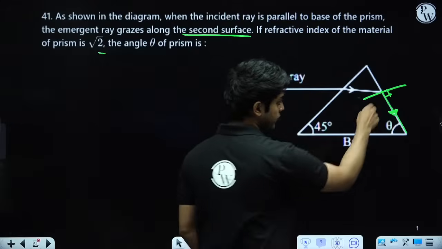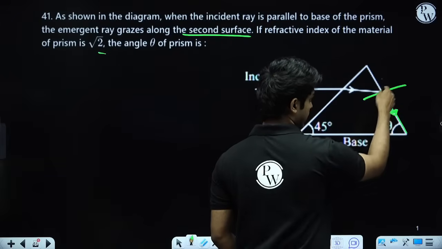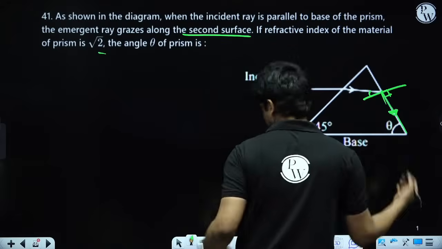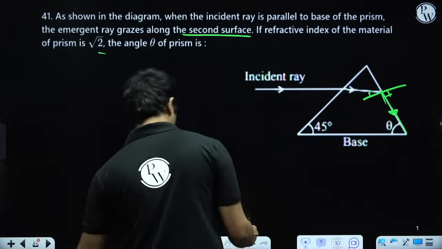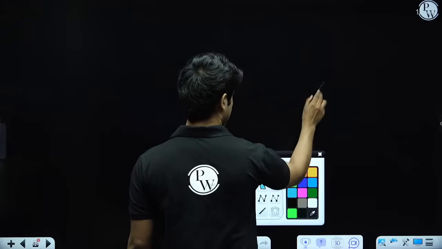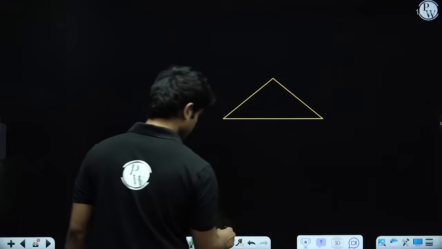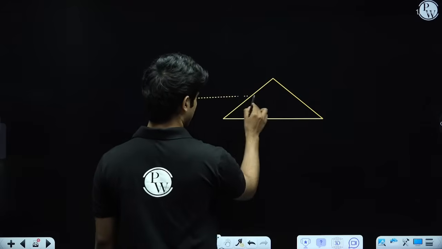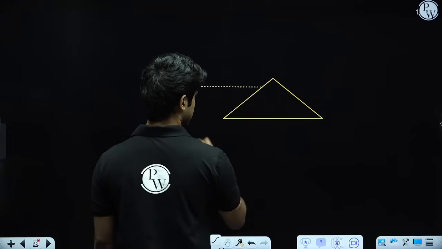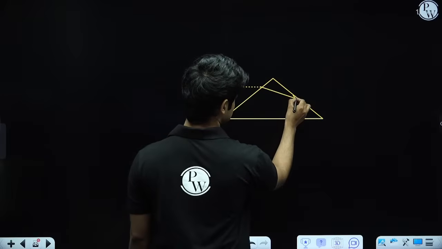When we have grazing emergence at some surface, or basically when the angle of emergence is 90 degrees, we should draw a new diagram. Let's say this is the prism. The initial ray is coming horizontal like this, and after refraction it hits the other surface like that.